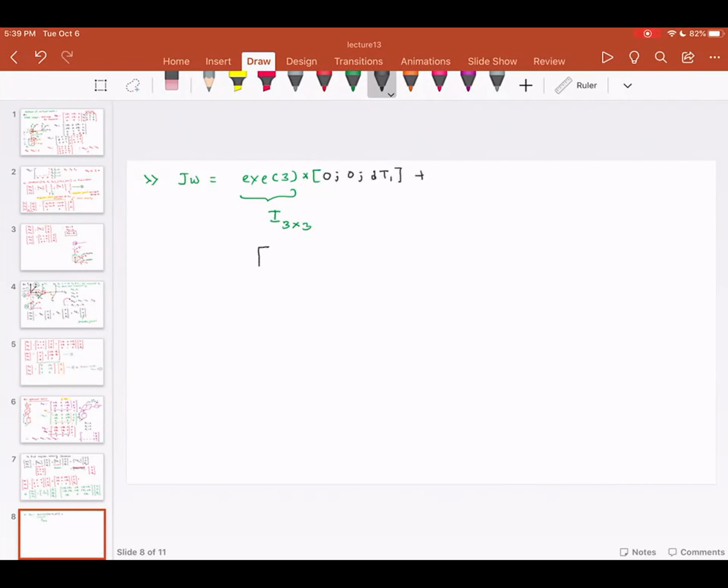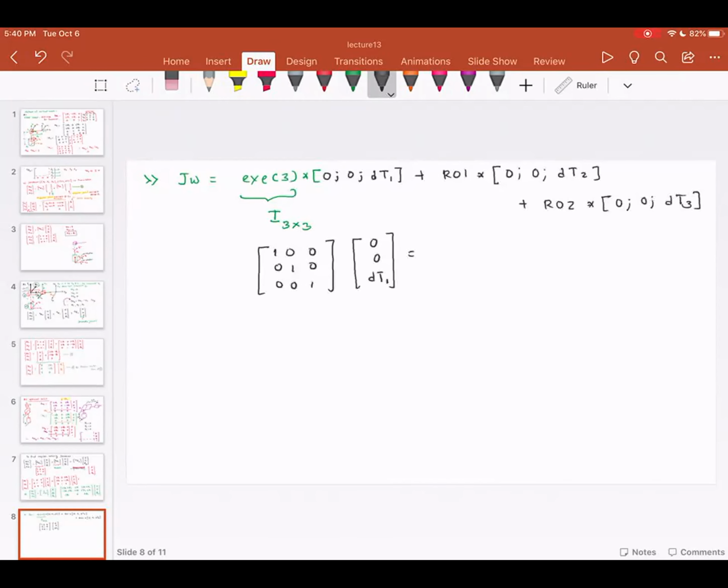So what this is doing is 1 0 0, 0 1 0, 0 0 1, and this is 0 0 dt1, plus R01 multiplied by the same thing, plus R02 multiplied by 0 0 dt3.